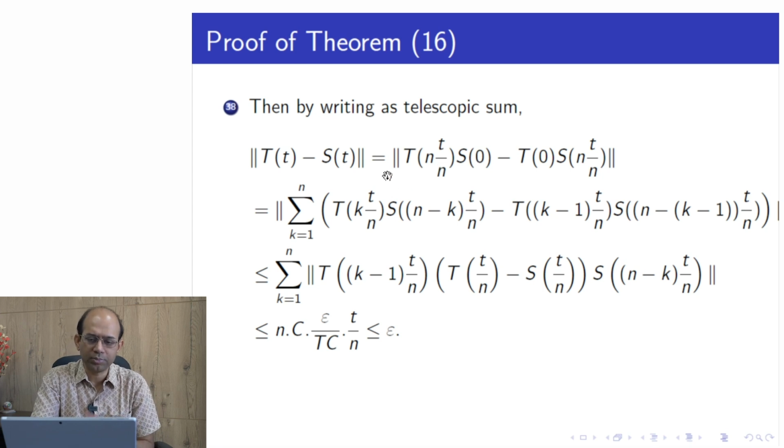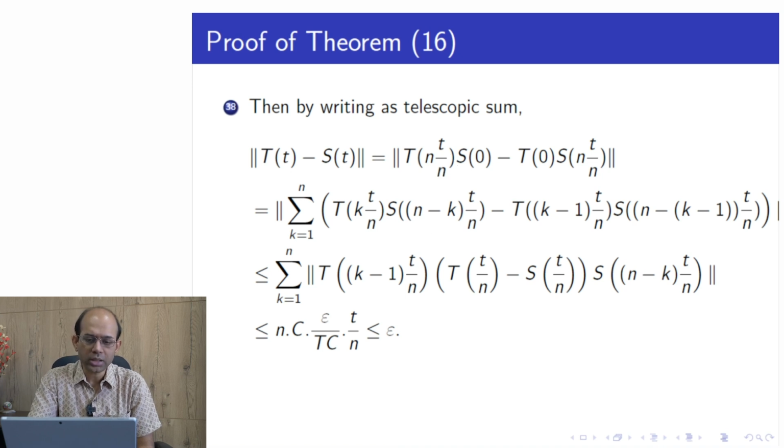This is the main idea of this simplification. So here we write capital T of k t by n. Imagine k is equal to n. When k is equal to n, it is T of n t by n, and n t by n is t only. And when k is equal to n, n minus n is 0, so S of 0 times t by n is this term.